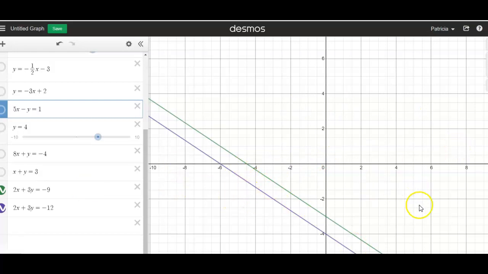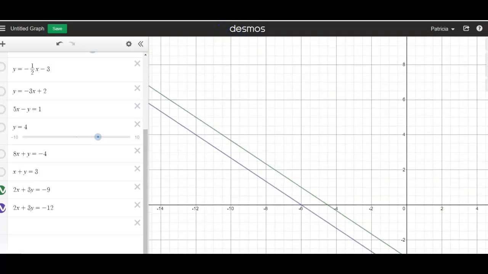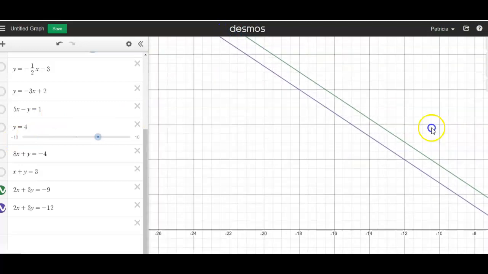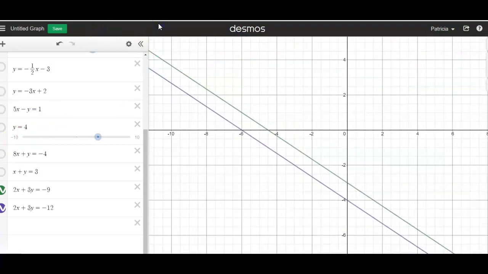And I feel like, if I don't see an intersection, maybe I need to keep looking. No matter where I look, these lines are not getting closer together. That is because these lines are parallel. When you have parallel lines, there is no value of x and y I can put. Once I pick a value of x and y, I get a number for this. And that number, if that number is negative 9, it's never going to be negative 12 with those same x's and y's.